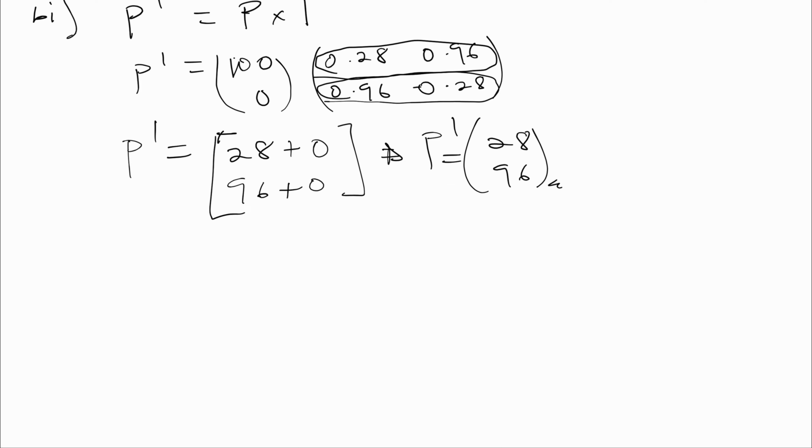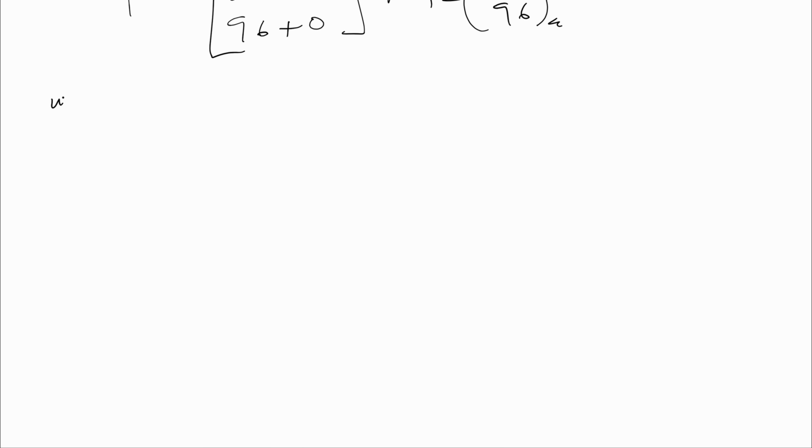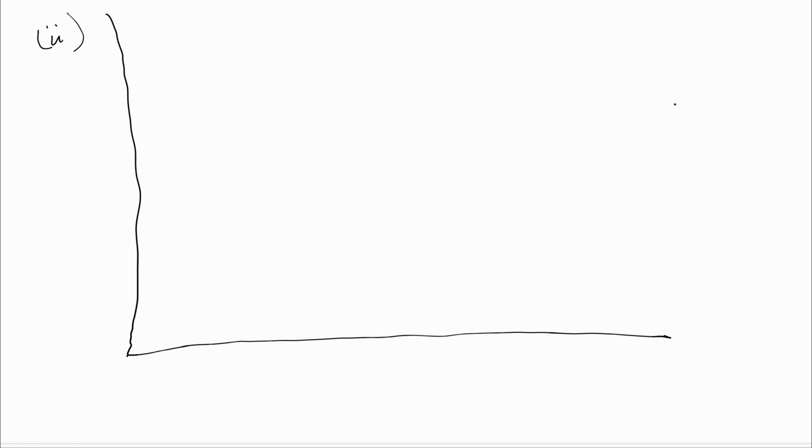Part ii says, using a scale of 2 centimeters to 20 units on both axes, plot the position vectors of P and P'. So we have our y-axis and our x-axis, and we are using a scale of 2 centimeters to 20 units on both axes. So we have 20, 40, 60, 80, and 100 on each axis.